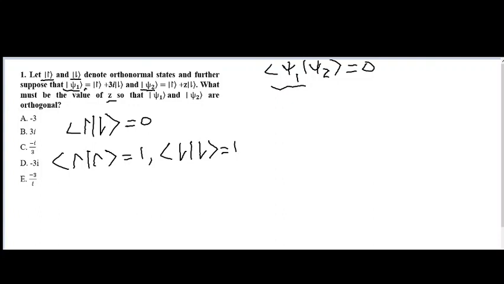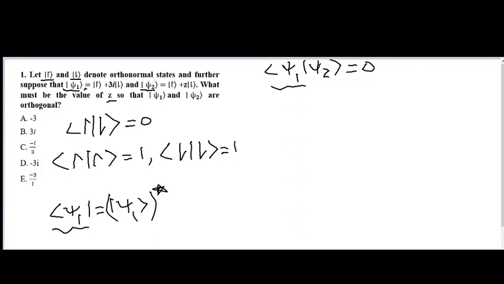We will convert this ket vector into a bra vector by using the definition of psi1 ket vector, and we will take its complex conjugate. We will get the bra vector.